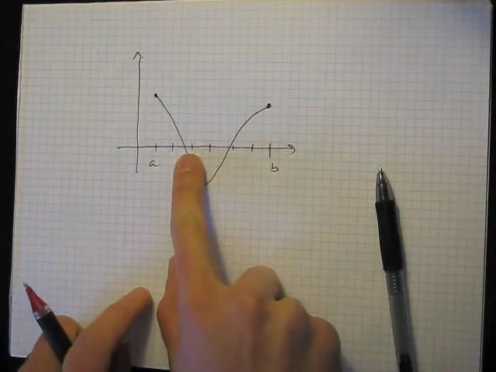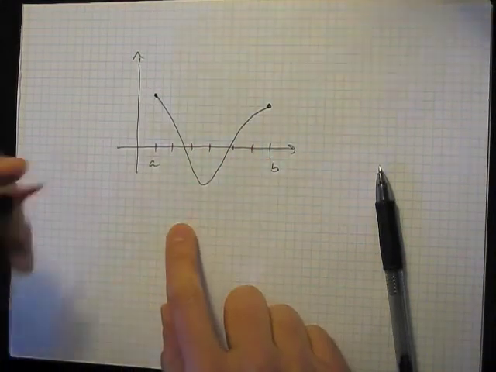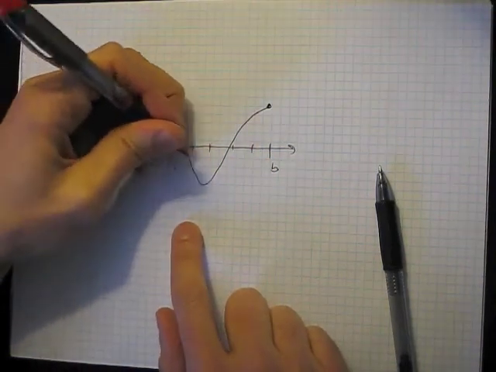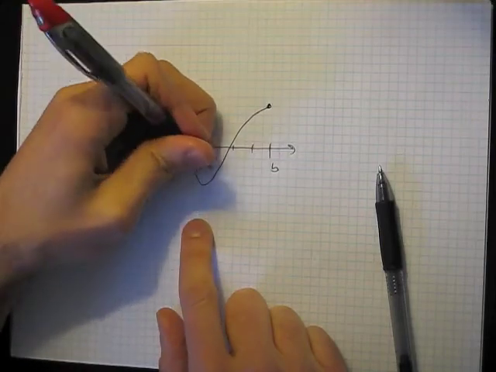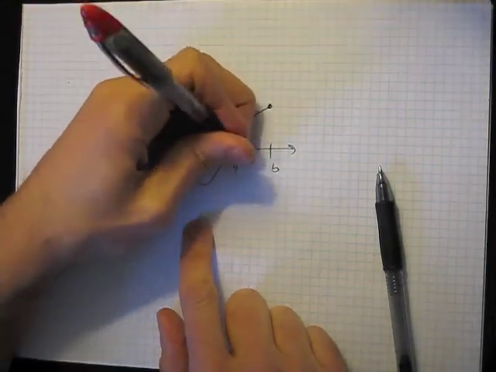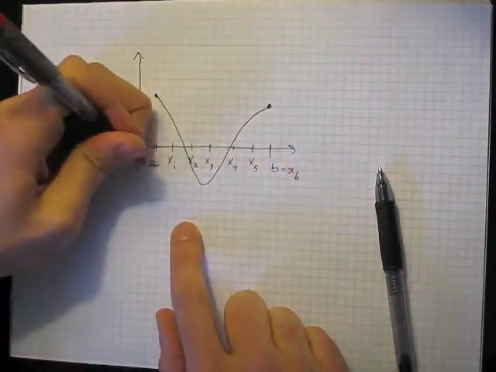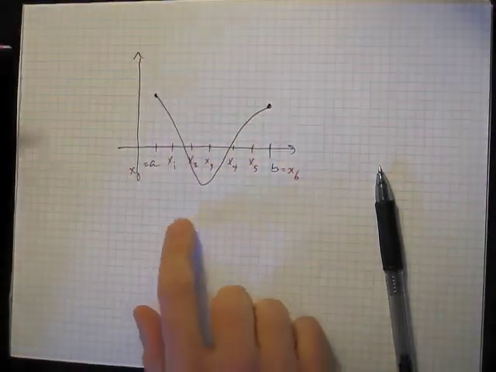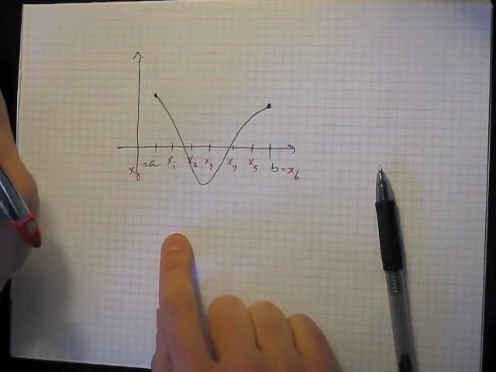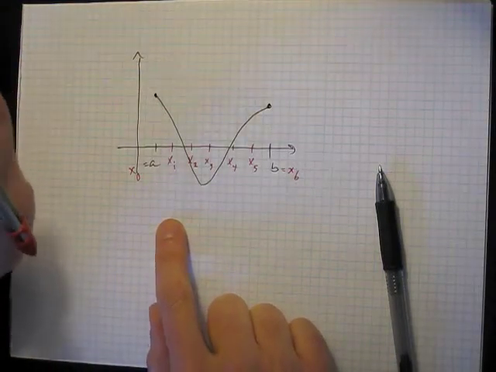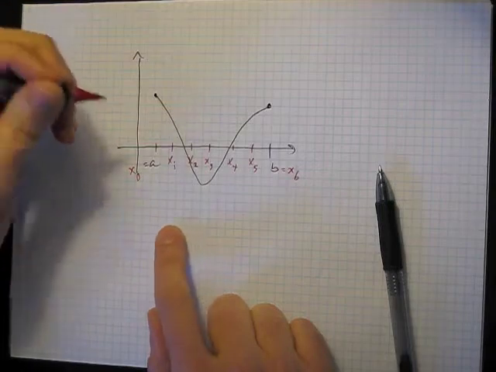So there's 1, 2, 3, 4, 5, 6 pieces. So this is x1, x2, x3, x4, x5. And of course, this would be x6, and this would be x0. I'm just going to use the right-hand endpoints to be the sample points in this case.